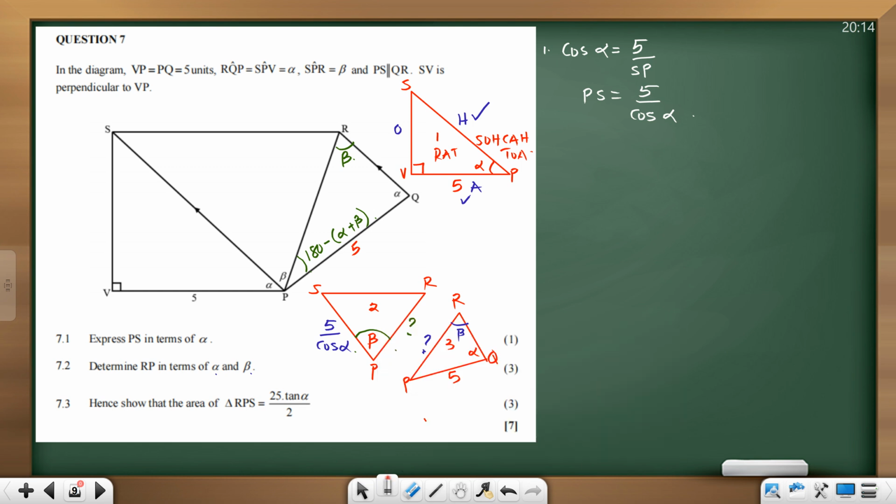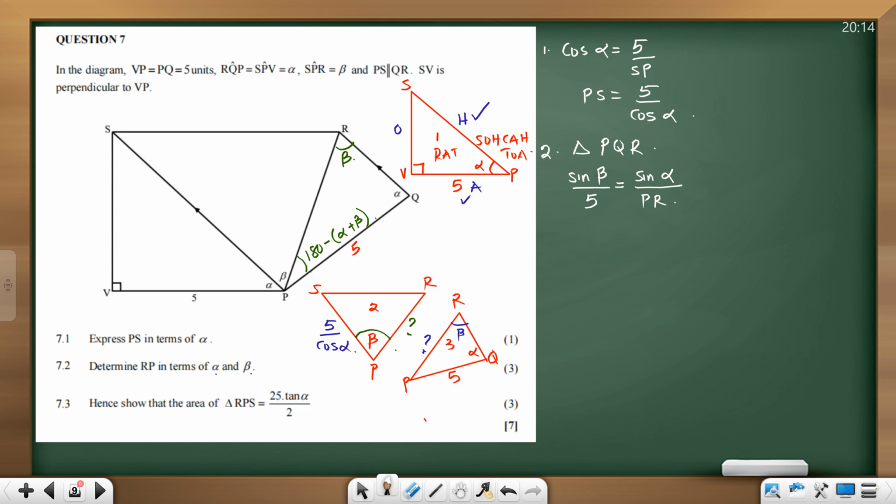Lovely. So we have two triangles, but we have to find the one with more information that will help us. Now, if you notice this one, we have angle, opposite side, angle, opposite side. So we can simply use sine rule from triangle number 3, triangle PQR. Sine beta over 5 equals sine alpha over what?